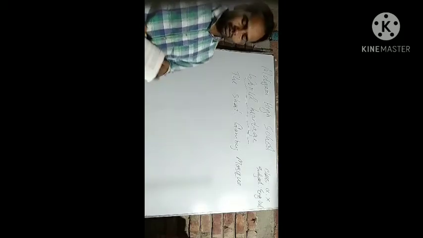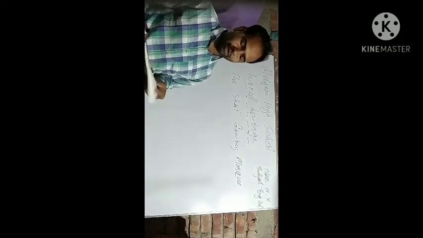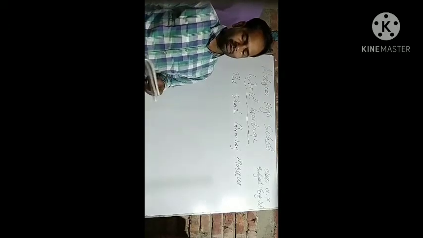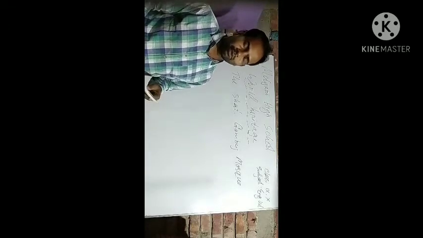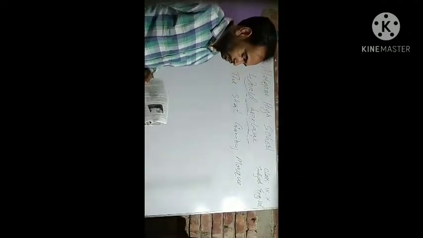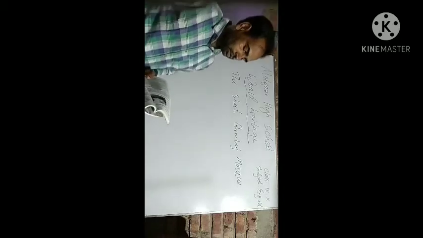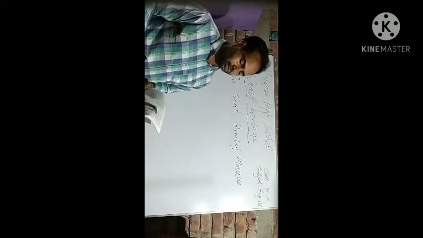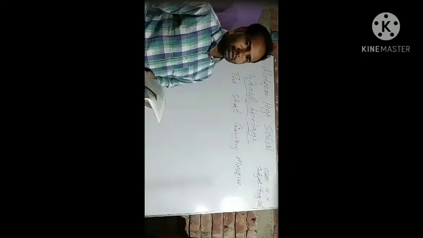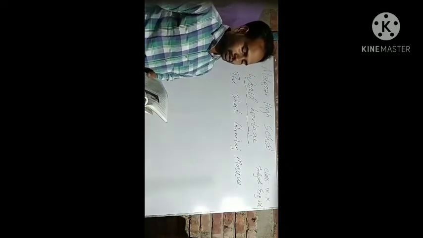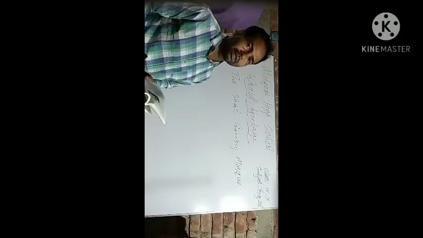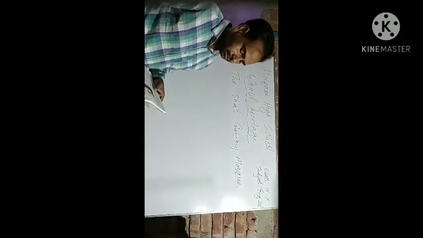Dear learners, you have to make some pairs and talk about the picture and describe the picture. To describe this picture, here are some questions. I read the question. You have to listen to the question very carefully and attentively.